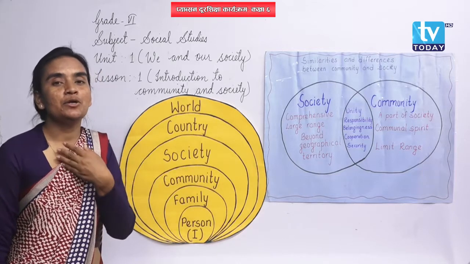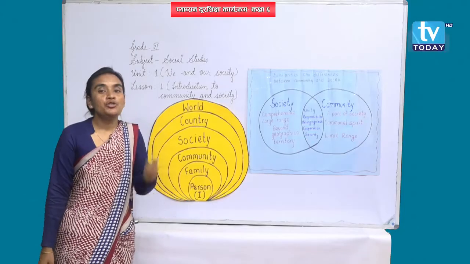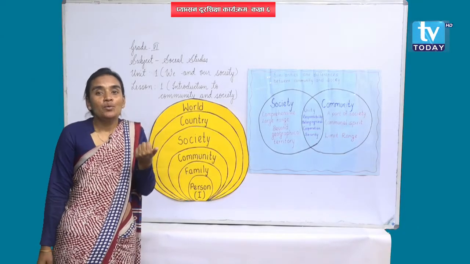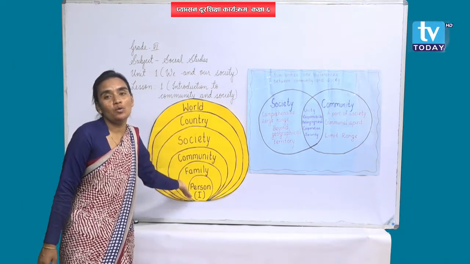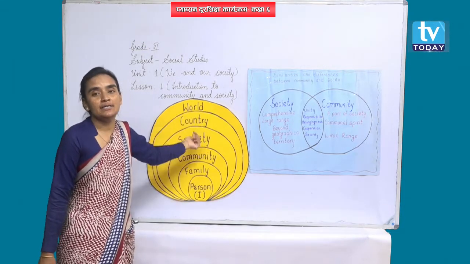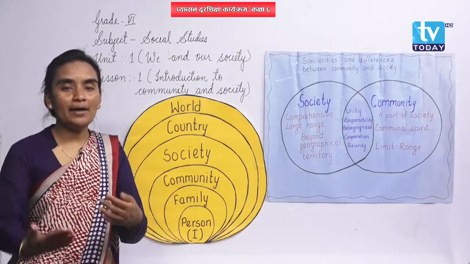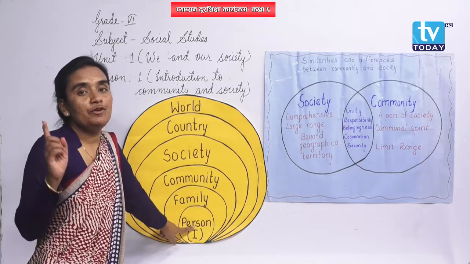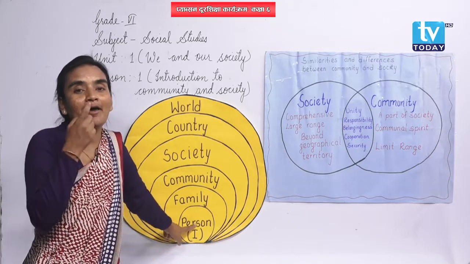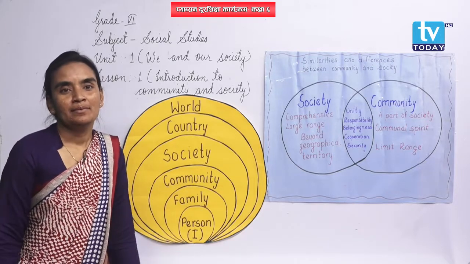So now, dear children, I just want to get your idea here. Why are we going through all these words, all these features here in the same circle? Let me give you an idea. If I am only there as an individual, I don't have any importance.